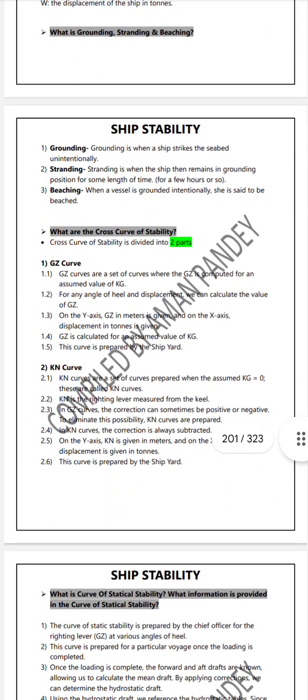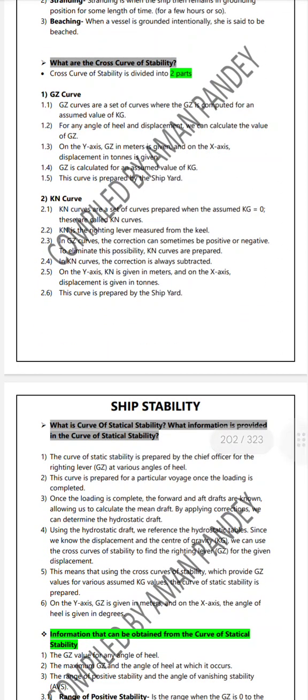So this is all about the GZ curve. For an assumed value of KG we get GZ, with displacement on the x-axis, and for different angles a set of GZ curves is computed for an assumed value of KG.